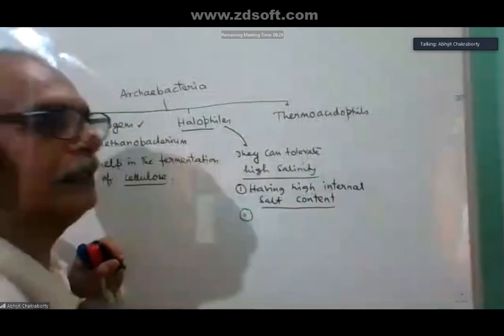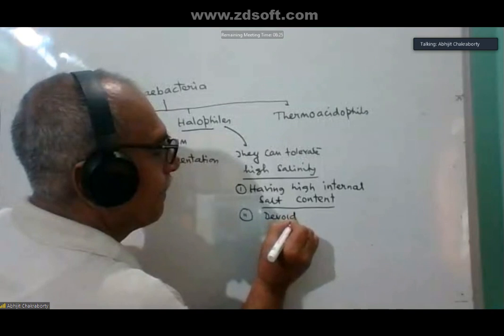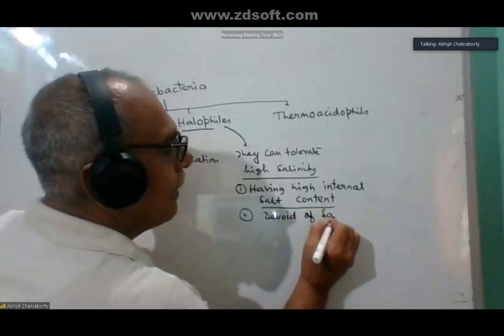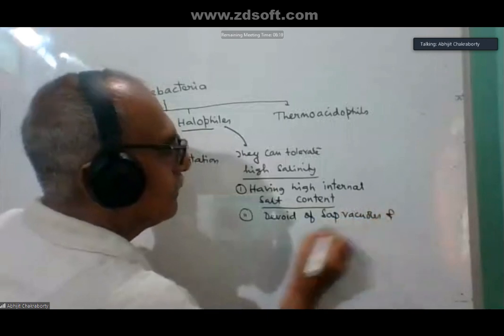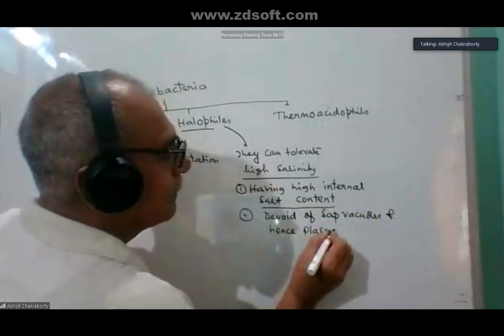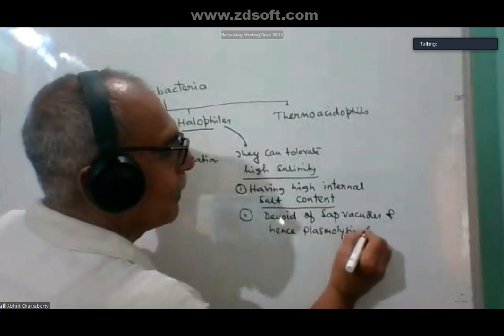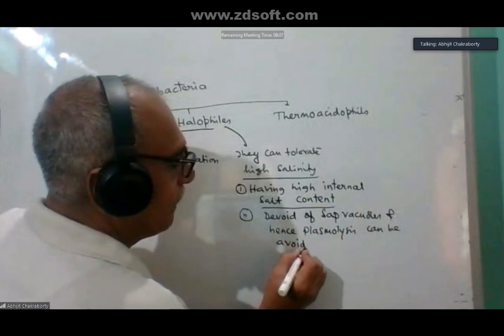Next important point is they are devoid of sap vacuoles, and hence plasmolysis can be avoided.